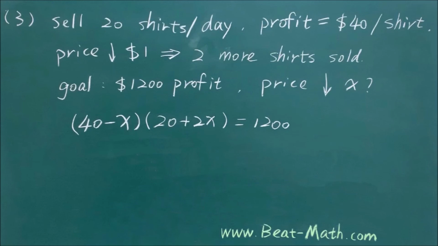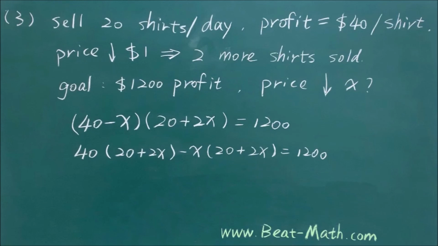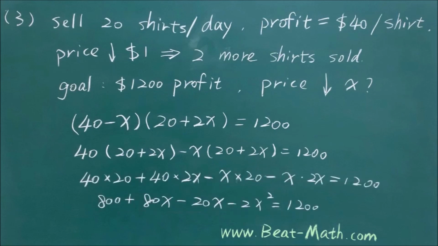Simplify the equation by multiplying the parentheses out. 40 times (20 plus 2x) minus x times (20 plus 2x) equals 800 plus 80x minus 20x minus 2x squared equals 1200. 80x minus 20x equals 60x.